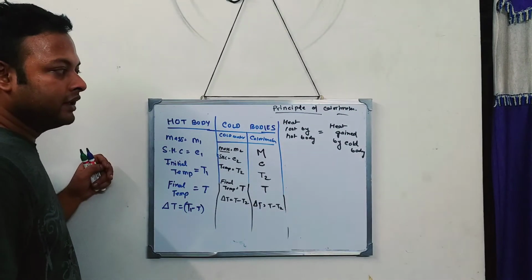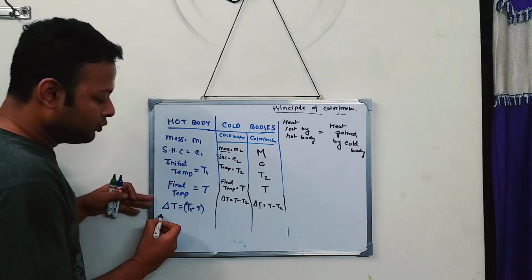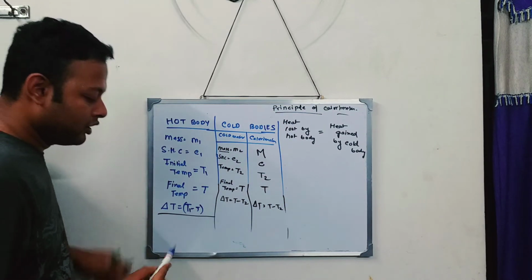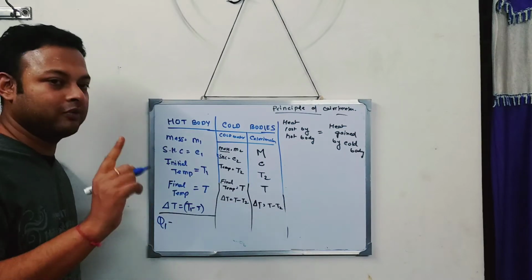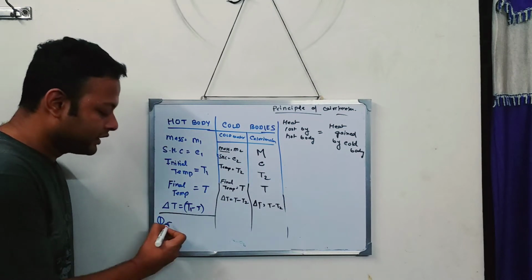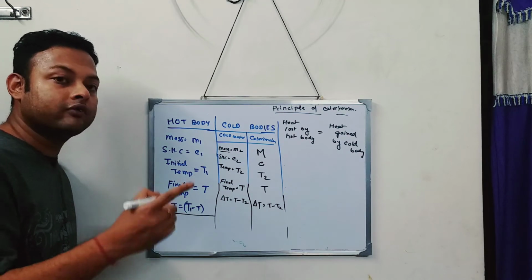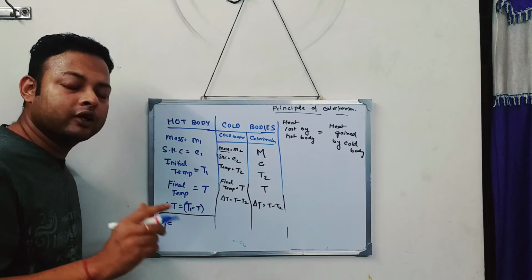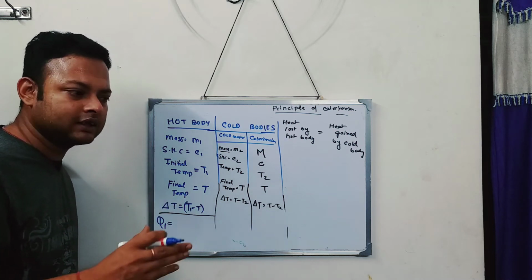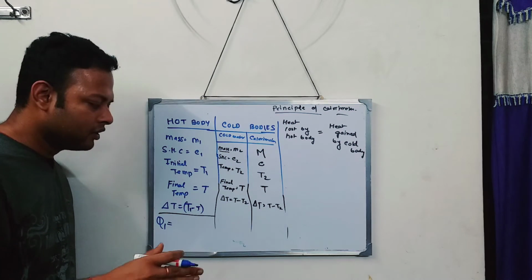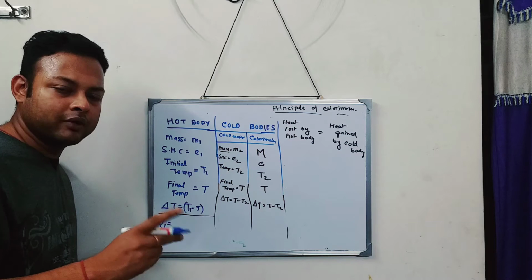So what is the heat lost by the hot body? It will be taken as Q1. And what is the formula for Q? The formula for Q is mc delta T, which we have learnt in the previous lectures and videos. If you don't know, please refer to the previous videos.